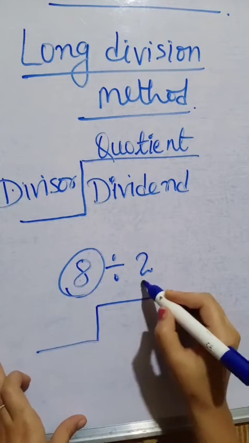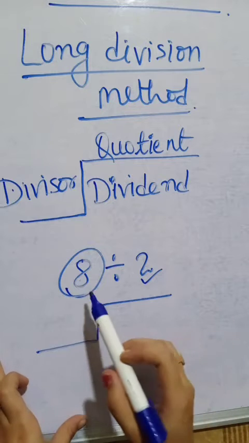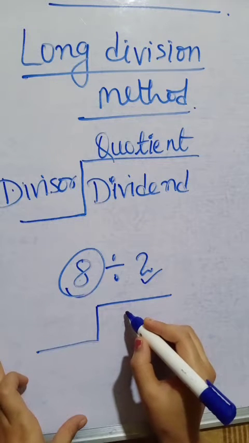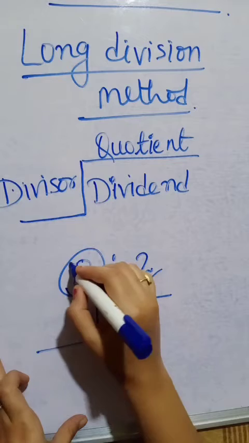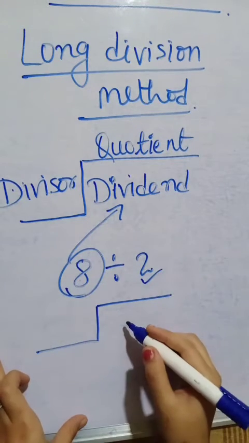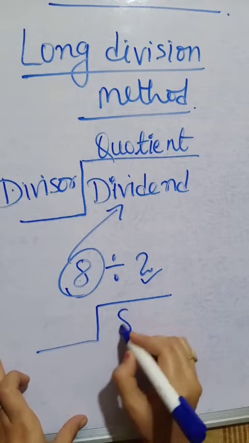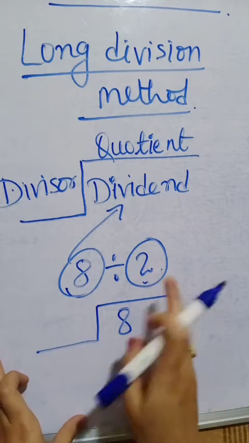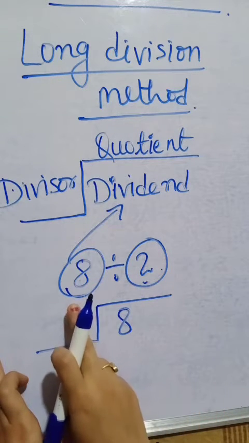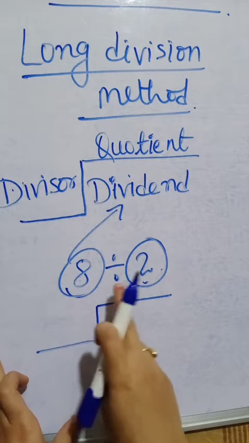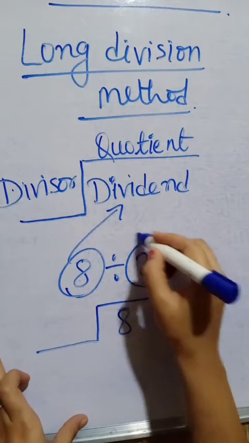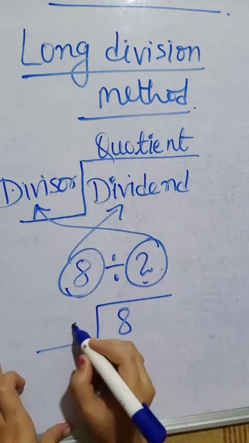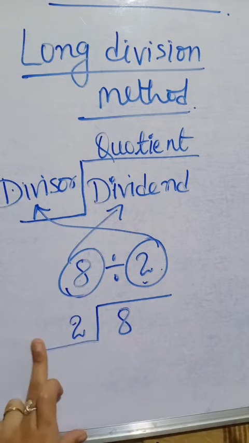This number you have to divide by this number. The number which you have to divide is always the dividend, so you write it inside the column. It is 8. Now number 2, the number by which you have to divide the dividend, जिसको divide करना है वो अंदर, and जिससे divide करना है, that number is the divisor, that you have to write on the left side.